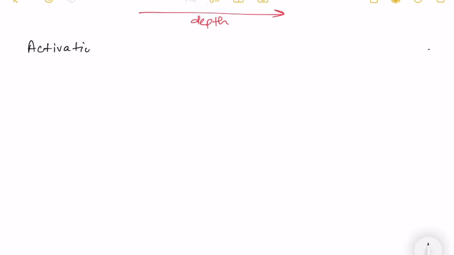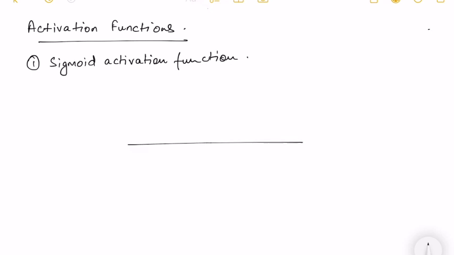Activation functions. Okay, so one of the most common activation functions that is used is called the sigmoid activation function. Sigmoid activation function, and let me draw what this looks like.